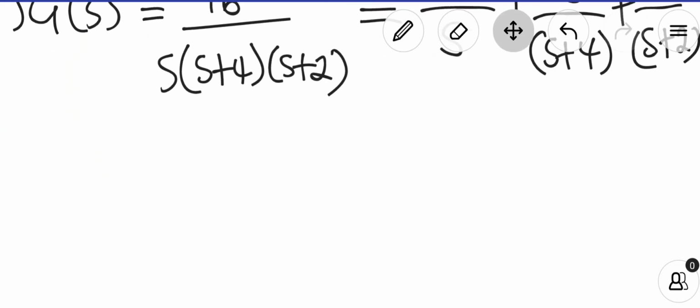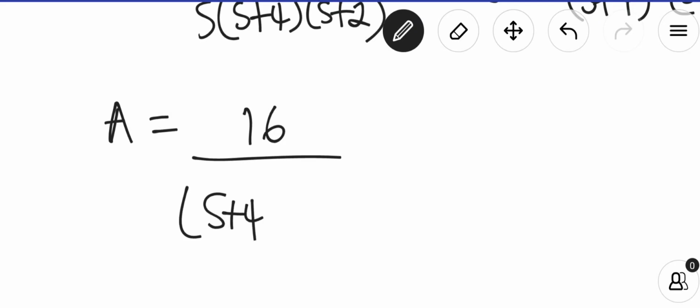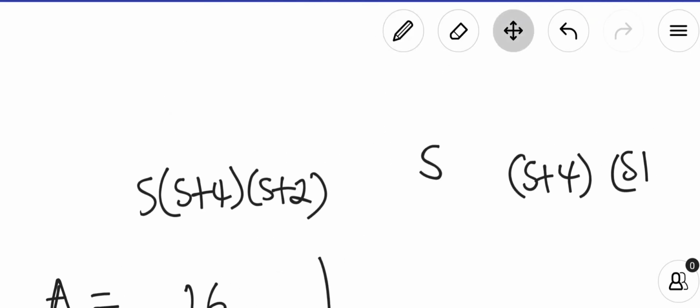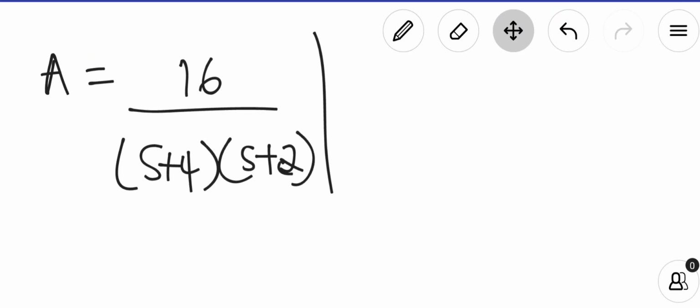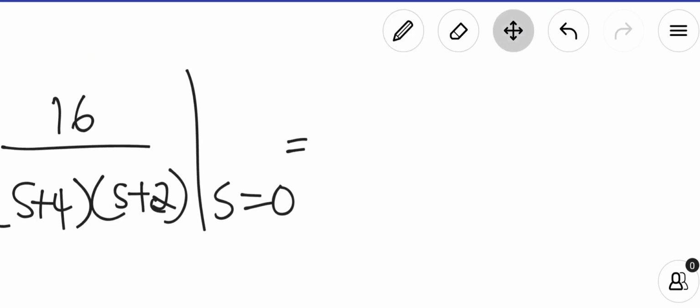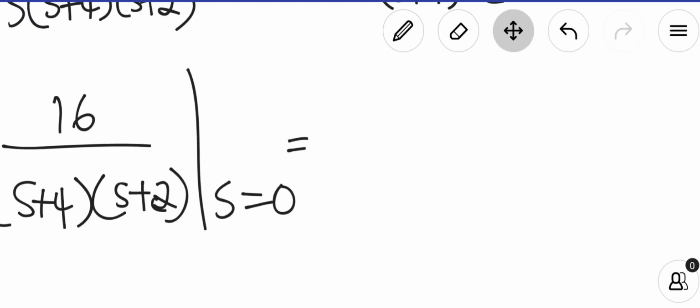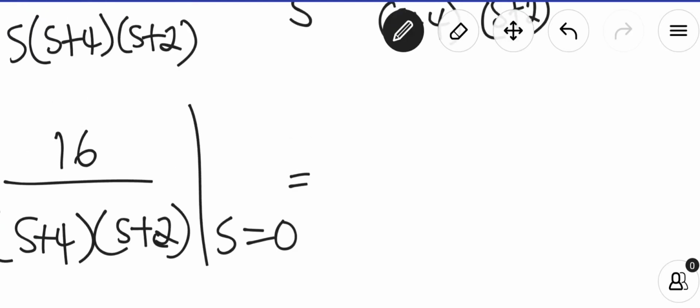Now using the residue method, A is equal to 16 divided by s plus 4, s plus 2, and for A, s is equal to 0. Substituting 0 gives you 16 over 4 times 2.